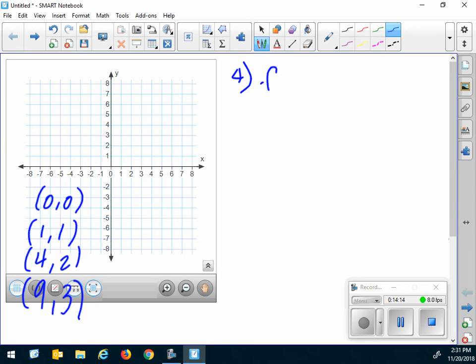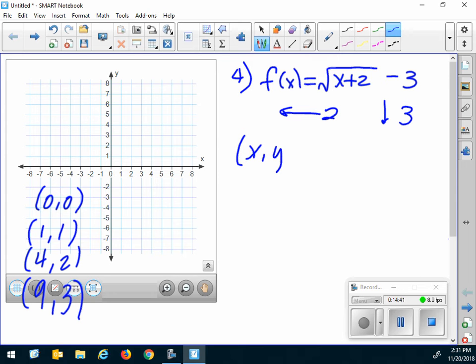Number 4, f of x equals square root of x plus 2 minus 3. What are we being told to do in words? Left 2, and down 3.